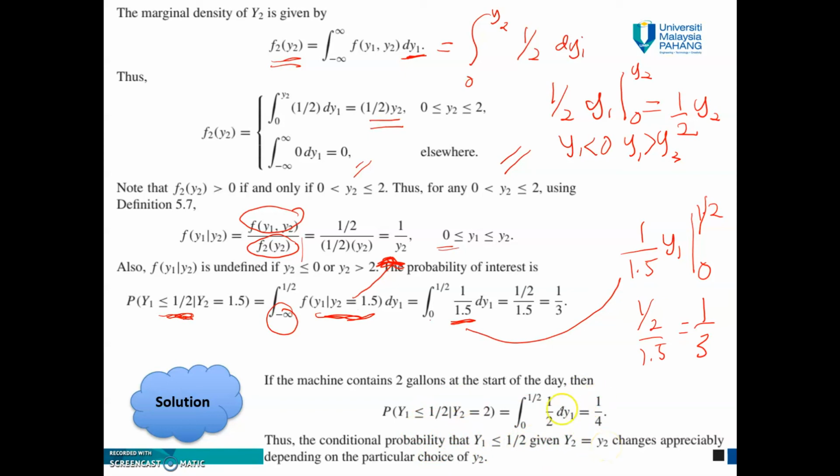You can see we use the same method, but here we get half, integrate with respect to y1, so then we get y1, then you substitute the value half, you get 1 over 4. So you can see the answer changes appreciably depending on the particular choice of y2.